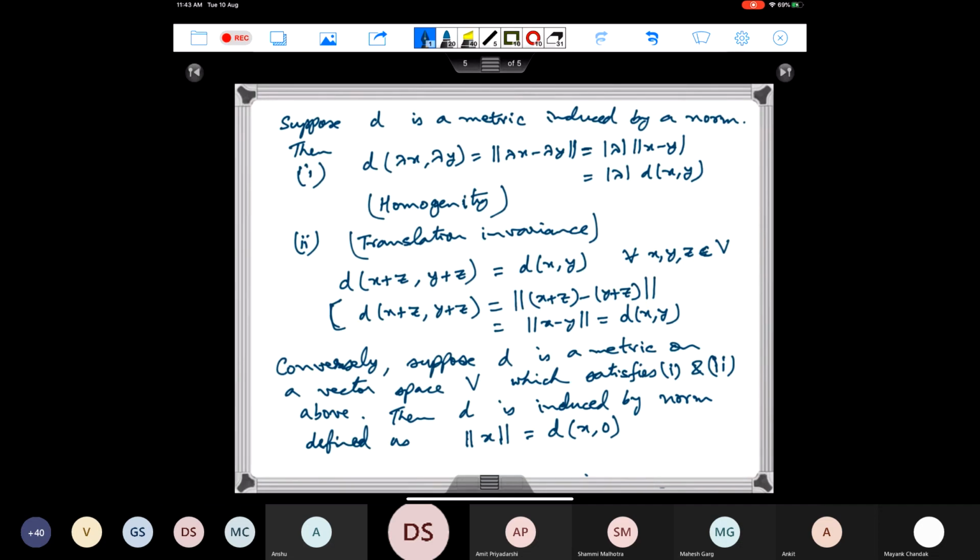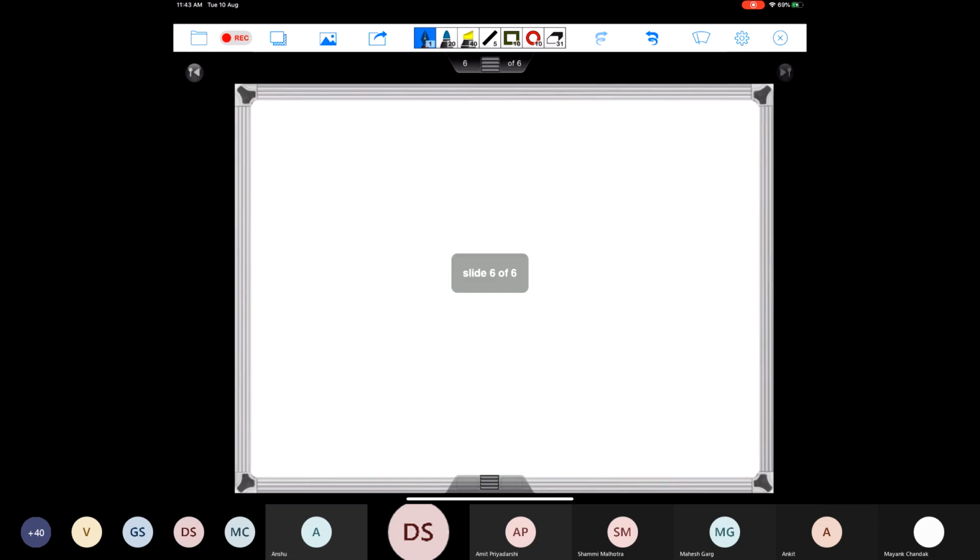So this is natural that this is how we should try to define. So now how do I show that this is a norm and the metric induced by this norm is nothing but D, right?